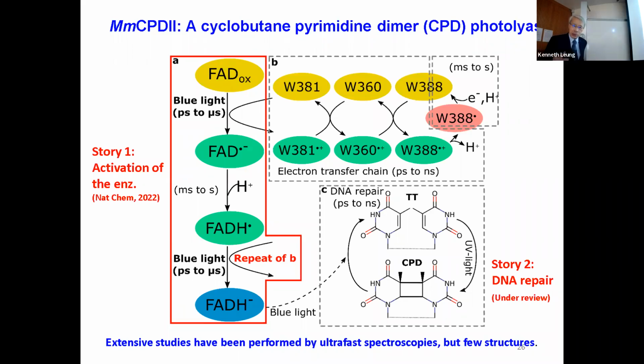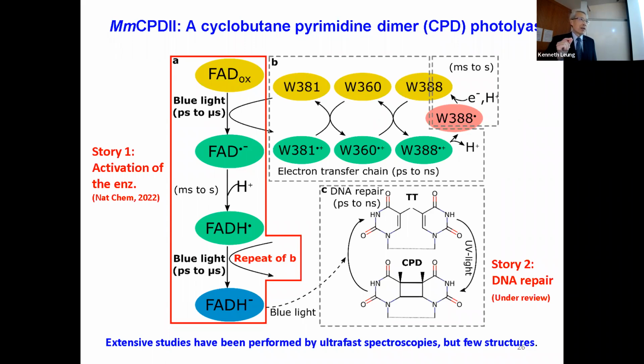And then the question would be, which problem are you working on? The enzyme we work on is photolyase. This is the enzyme that repairs the thymine dimer of the damaged DNA.